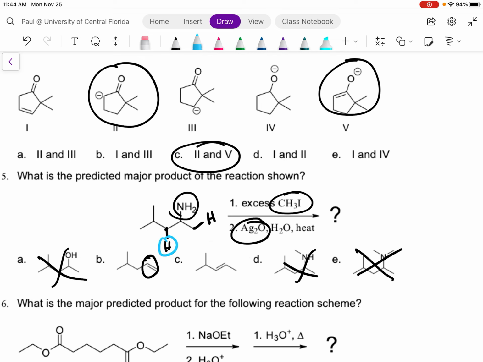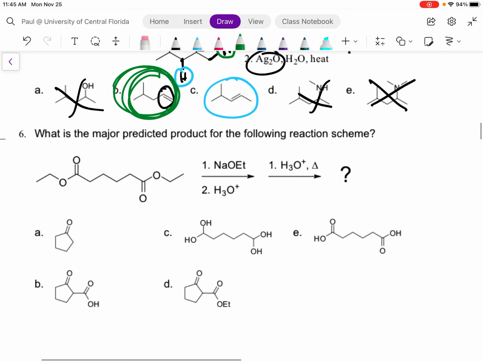If you take that proton off, then you're going to generate the more substituted alkene. But if you abstract the more accessible hydrogen due to sterics, you're going to get this product right here, which is called the Hofmann product, or the least substituted alkene. So B is the correct answer.